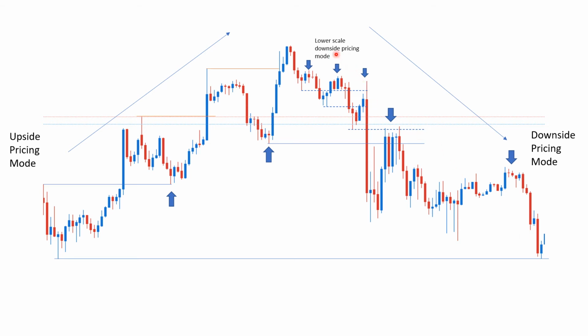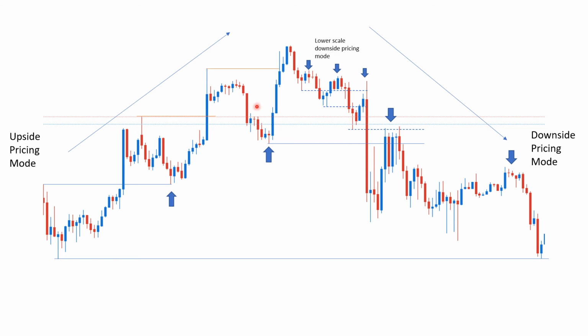But what makes this a lower scale? Well, it's happening in between the areas that are important to us. So if we're looking for this low to get broken and to create the lower low that we would identify as, oh okay, price doesn't want to be in an upside pricing mode anymore, it wants to go downside, anything that happens in between, before it gets to that low, all the price movement is a lower scale, which means it doesn't necessarily affect what's going on in the bigger scale.